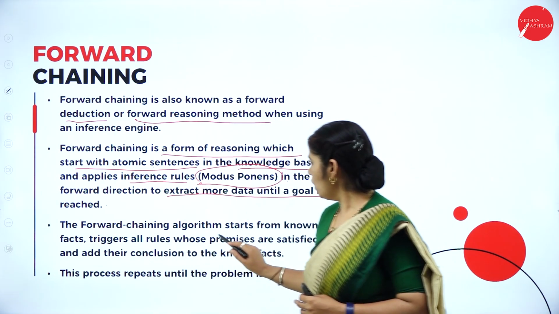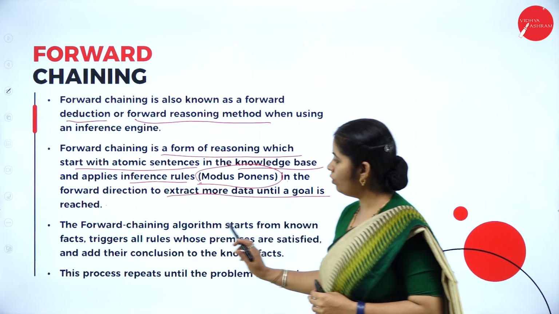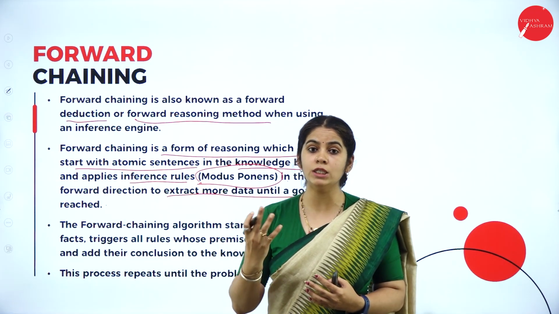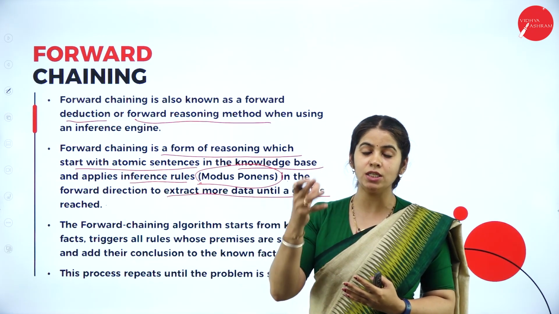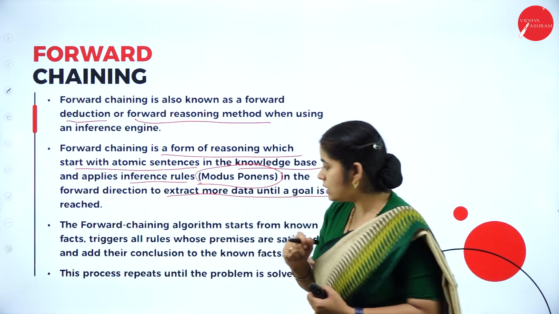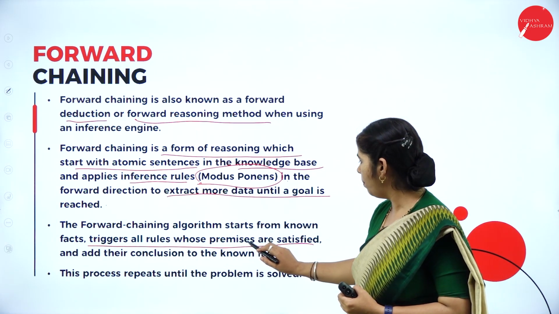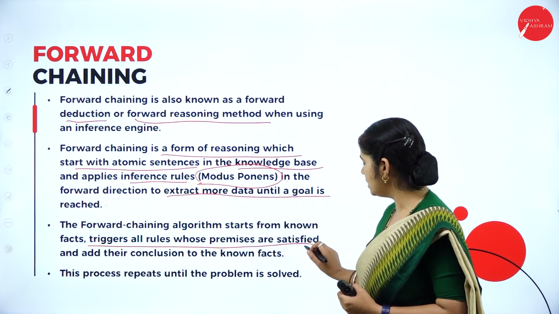The forward chaining algorithm starts from known facts. What is a known fact? A known fact is nothing but your knowledge base, what knowledge is already given to the system. Known facts trigger all the rules whose premises are satisfied.